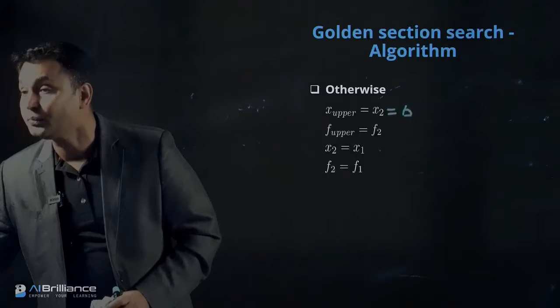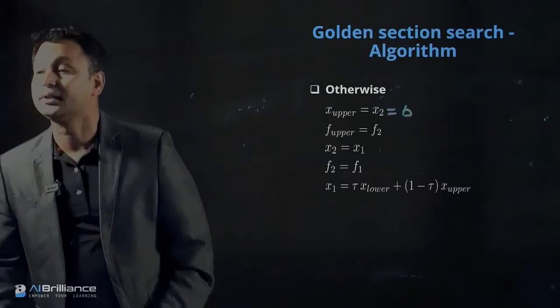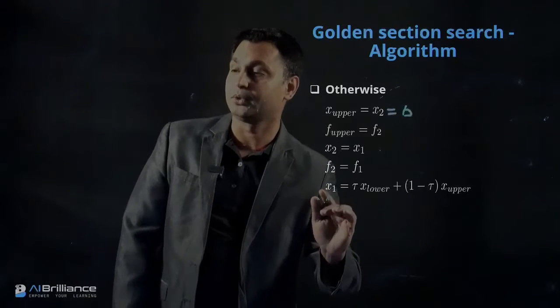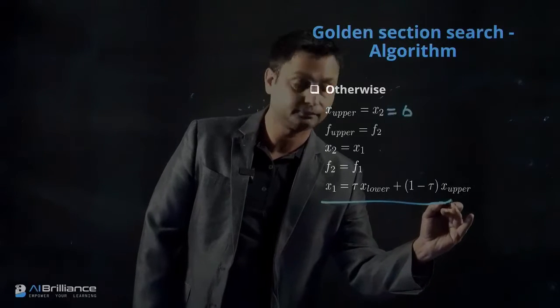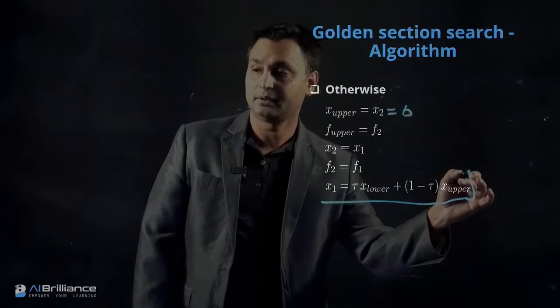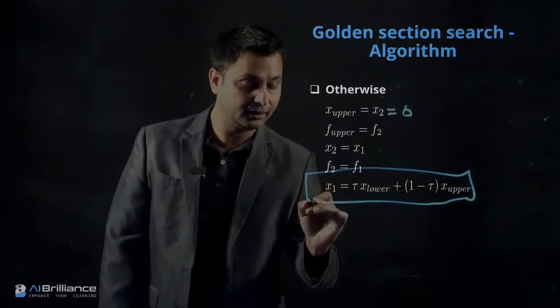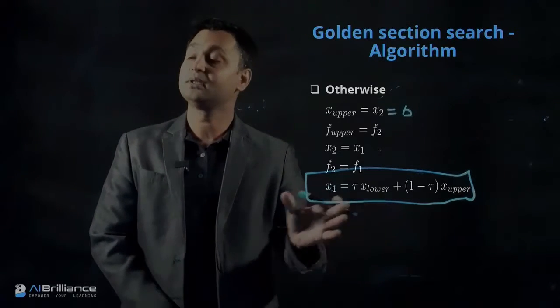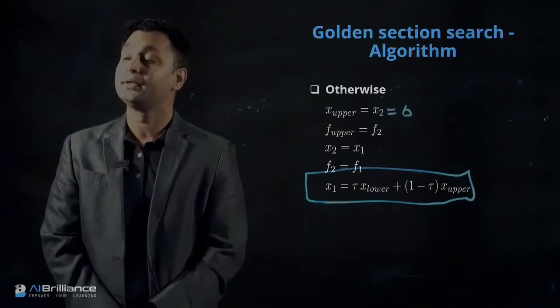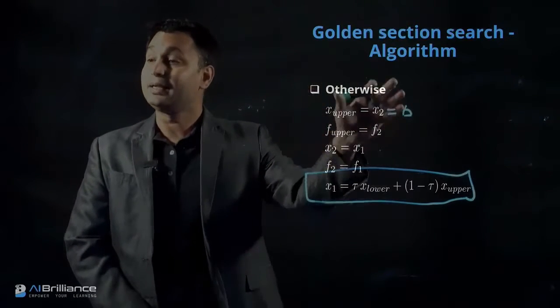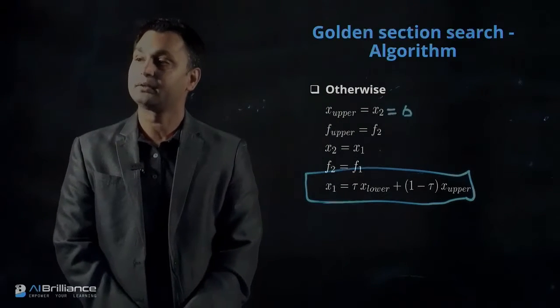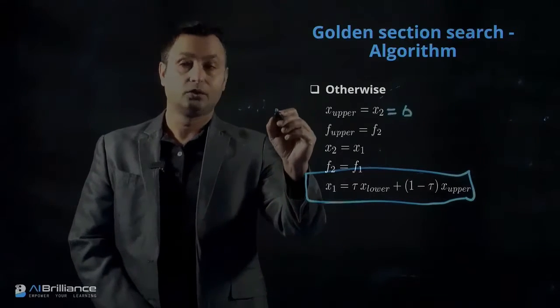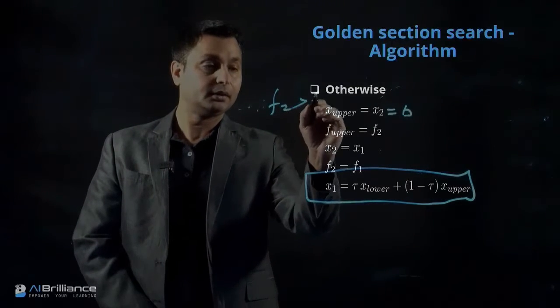This equation is what could be used to generate the x1 value, right? This is the equation that I did not give a couple of slides prior, but this is the equation you will use to generate a new sample in the second scenario, where your f2 is greater than f1.